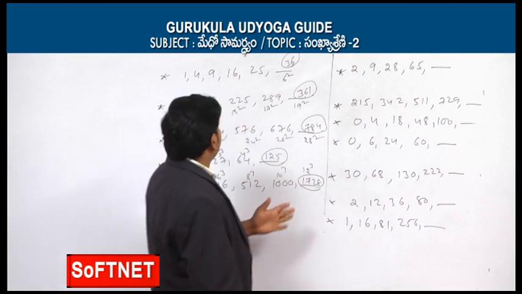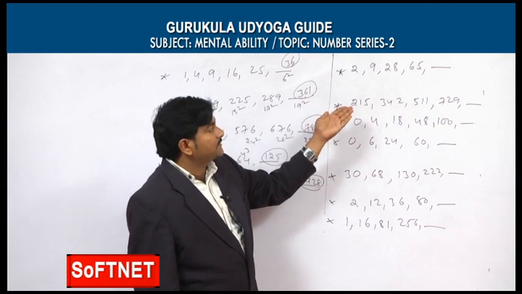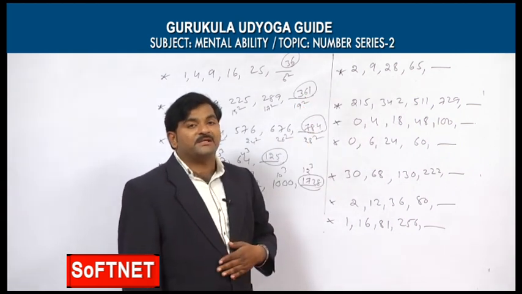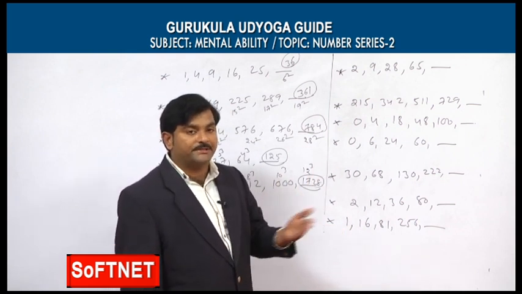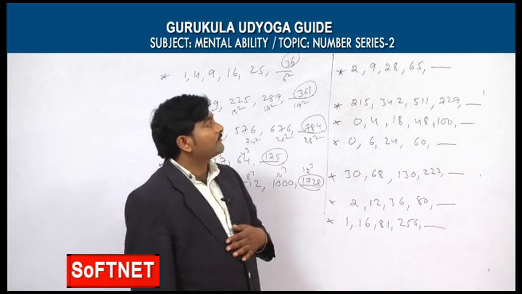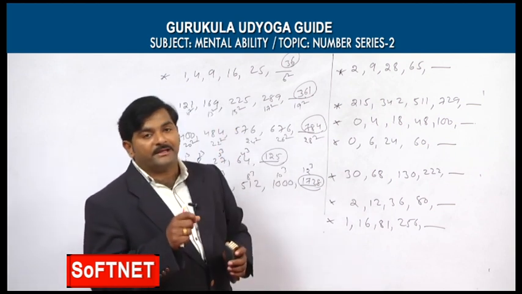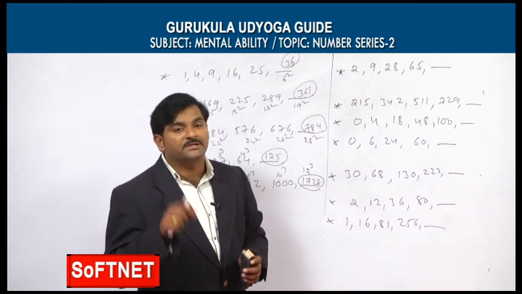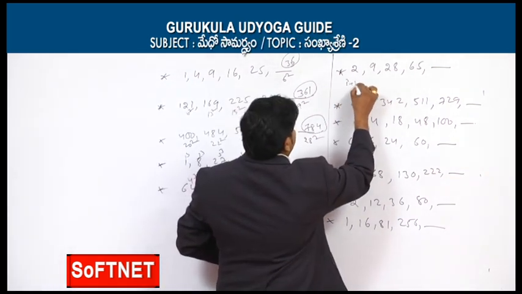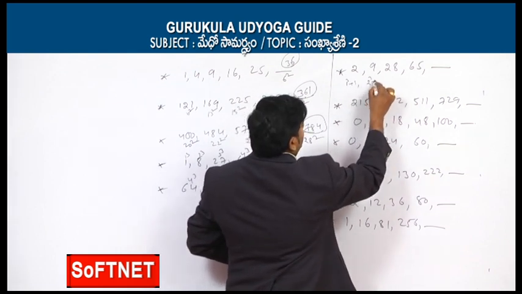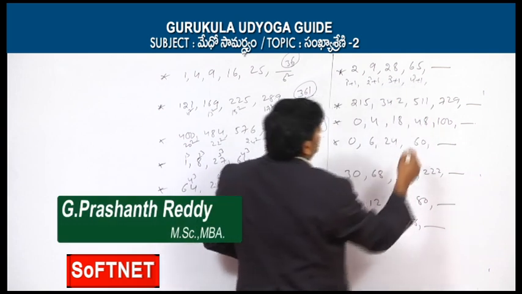We already know 1, 8, 27, 64 are the continuous cubes: 1 cube means 1, 2 cube means 8, 3 cube means 27, 4 cube means 64. Similarly, every number he has taken is a continuous cube plus 1. So this is 1 cube plus 1, this is 2 cube plus 1, this is 3 cube plus 1, this is 4 cube plus 1.